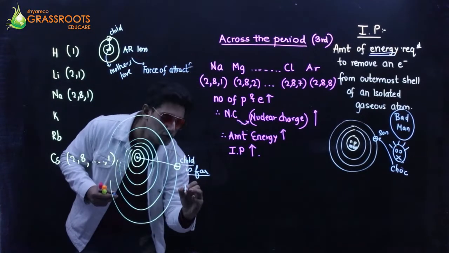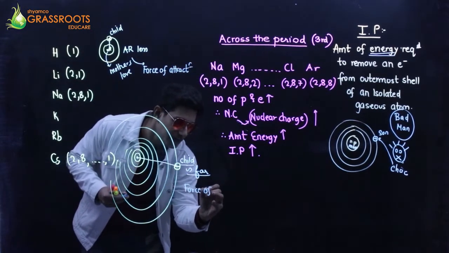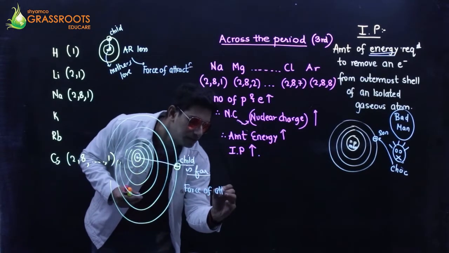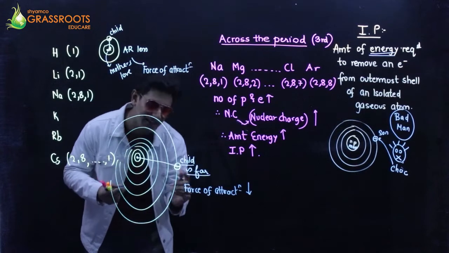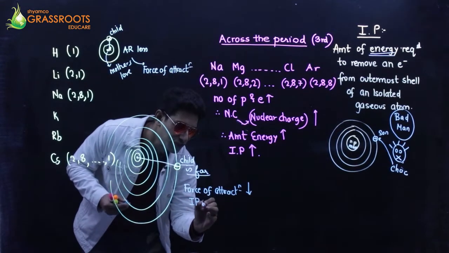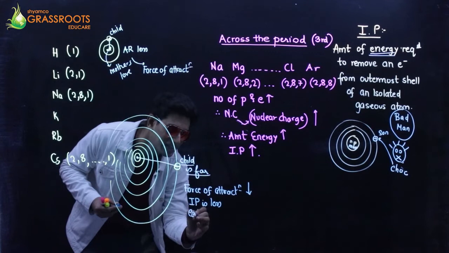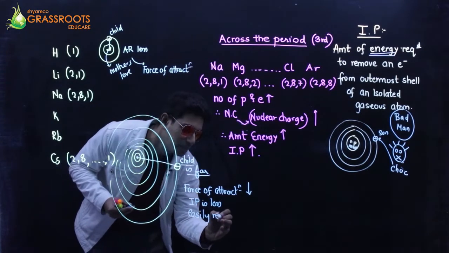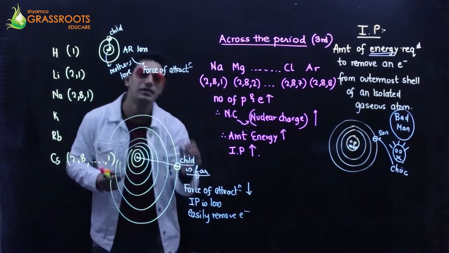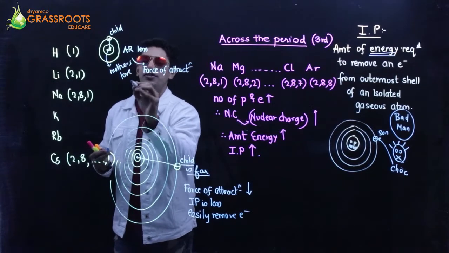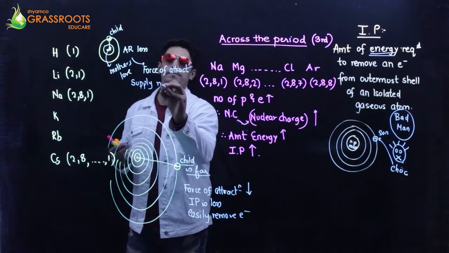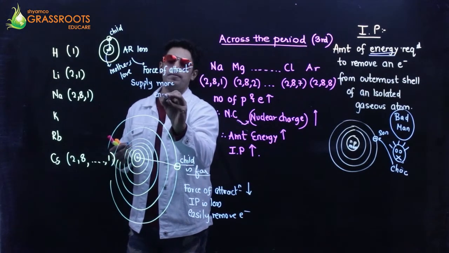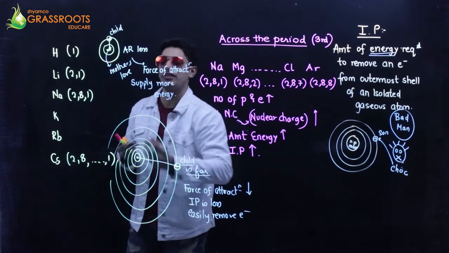Out here, the electrostatic force of attraction is less, and if the force of attraction is less, ionization potential is also less. You can easily remove this electron by supplying less energy. And out here, you need to supply more energy to remove the electron in the outermost shell.